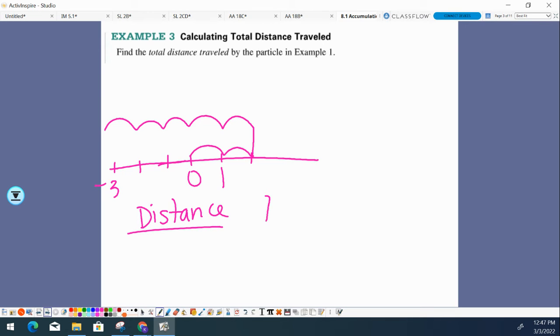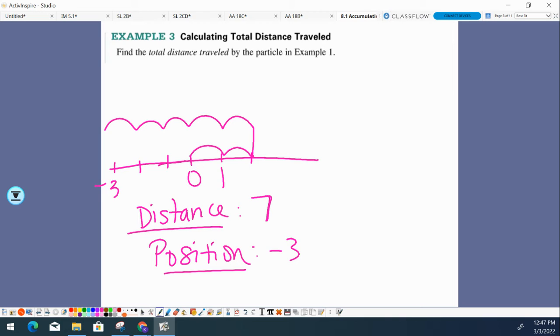We traveled 7 steps as distance, but what's my final position would be -3. There is a difference between distance and position. Position is always in reference to where you started from, but your distance traveled is always positive.